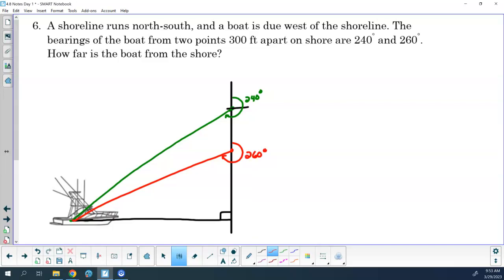Now, we also know that this distance here is 300 feet. Okay? Based off of that, what are we trying to find?